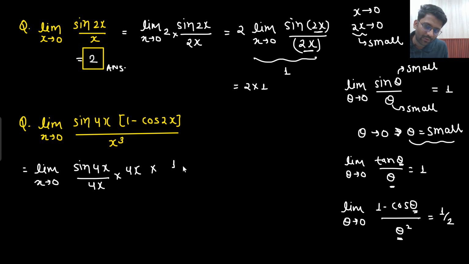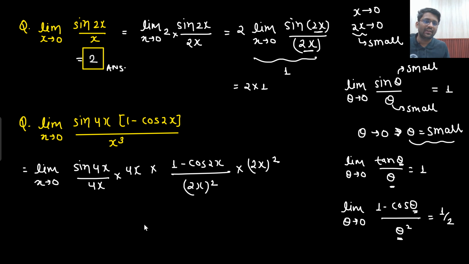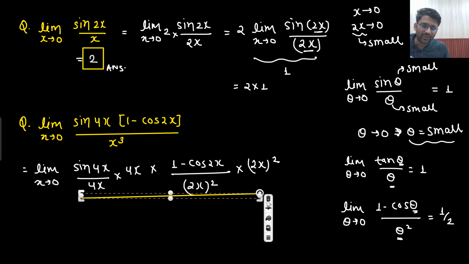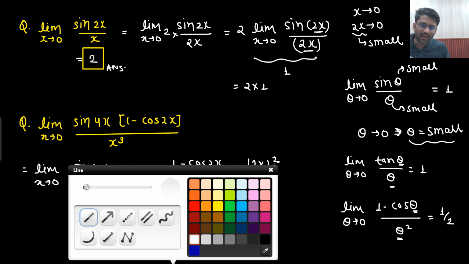After that, what do I have? 1 minus cos 2x. Now here the angle is 2x. Downward you need the square of 2x. If you are dividing by the square of 2x, you will have to multiply the square of 2x as well. Now in the denominator of all this, what am I having? I am having x cube.